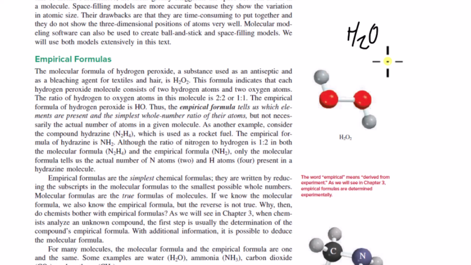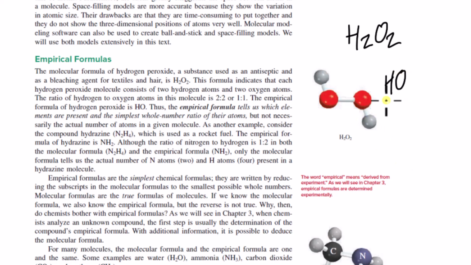An empirical formula only goes up to the step of telling you the type of atoms in the substance and their proportions. That's all it's telling you. It's important to note you can still have an empirical formula for even a molecular substance. So the substance H2O2: the empirical formula of H2O2 is HO.